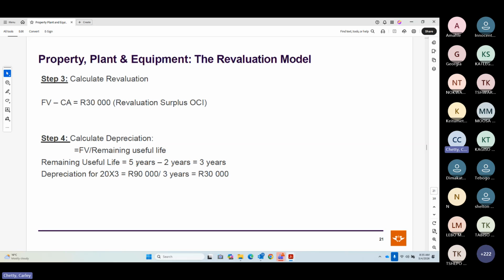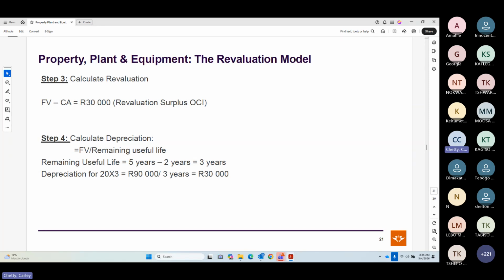So if we take the total useful life of 5 years minus the years we have already depreciated, we are left with a remaining useful life of 3 years. So now we can take the fair value of 90,000 divided by the remaining useful life of 3 years, and that will give us 30,000.